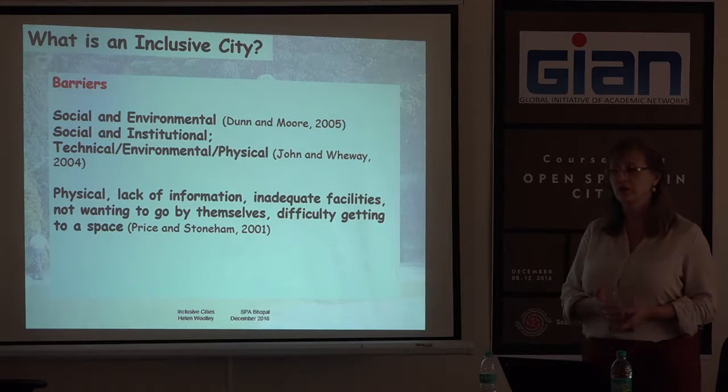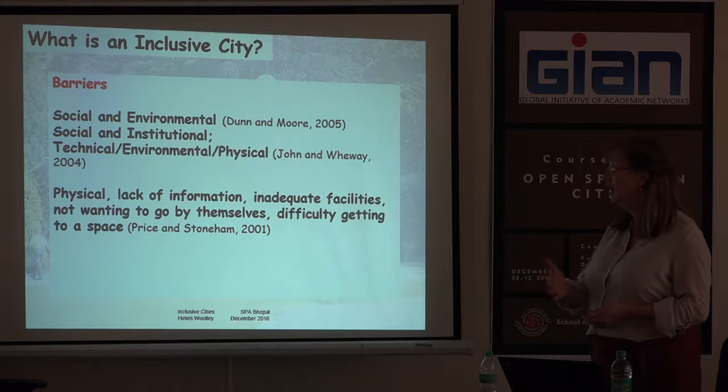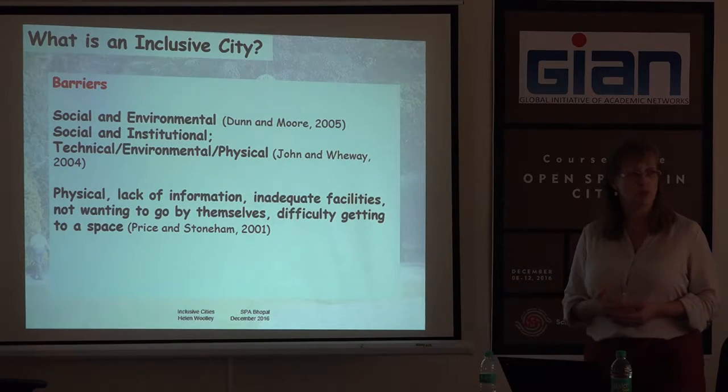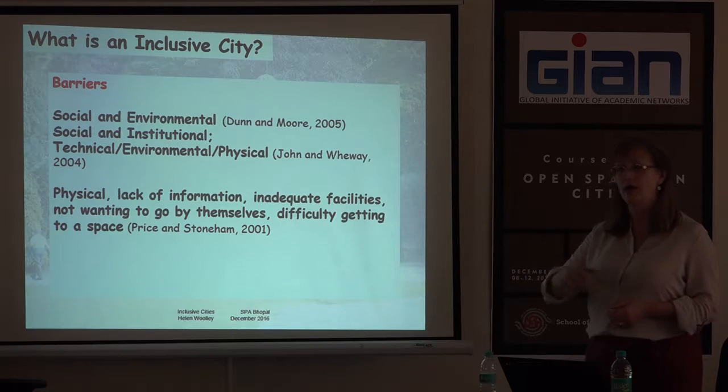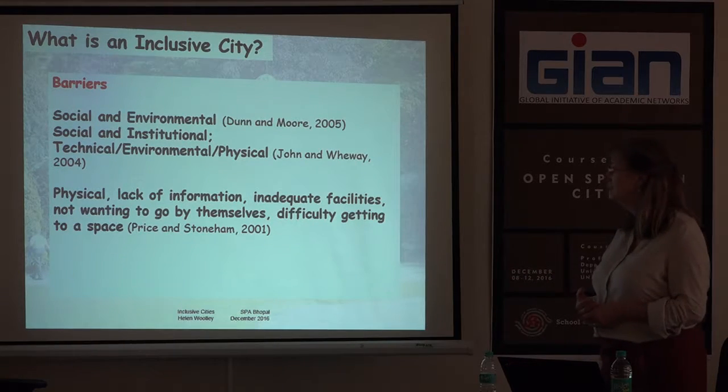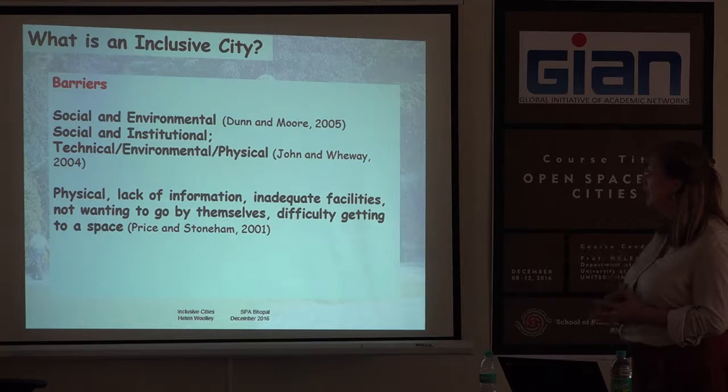So we tended to find in the research we have done that disabled people will go to places that they're familiar with because they know what's there, they know how to get there. Sometimes they're in inadequate facilities, sometimes disabled people don't want to go by themselves, sometimes they even have difficulty going into a space.